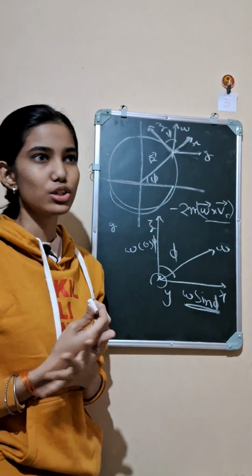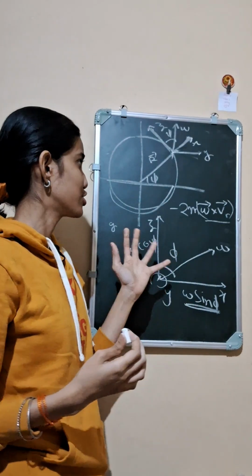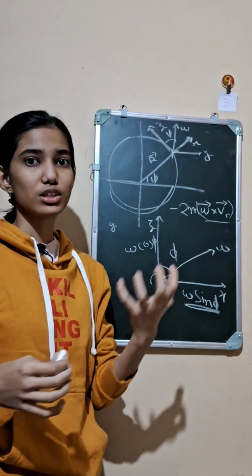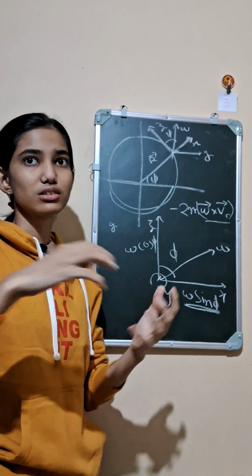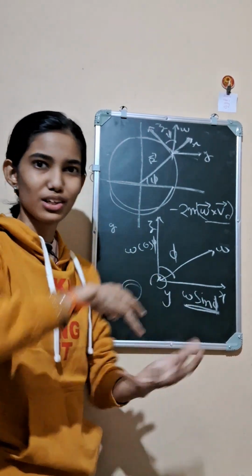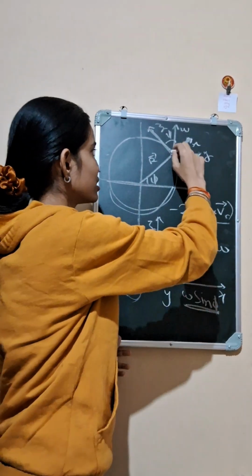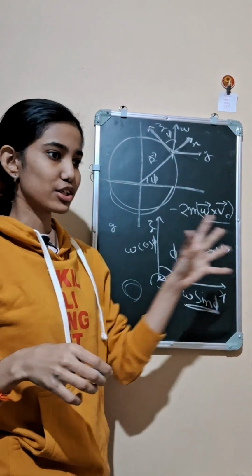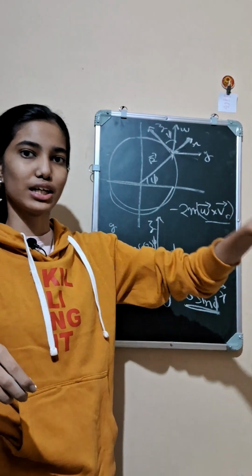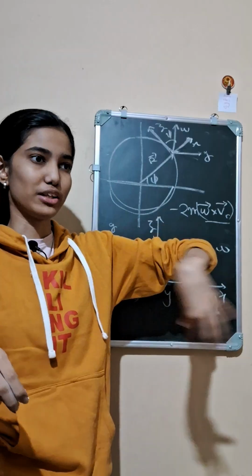So now we are going to talk about the Foucault pendulum. Before that, I would like to tell you that storms and the winds have a spiral manner, right? Why does this happen? Because the Coriolis force acts on the wind and makes it rotate in a circular manner.